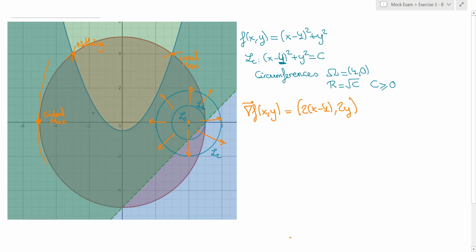I mean, one could see the point of this region K, which remember goes all the way to here. I mean, it's this region here of this color.